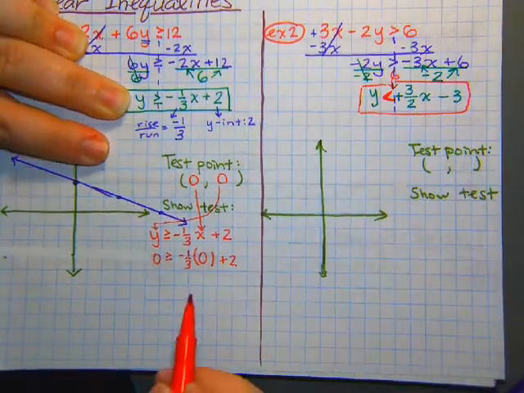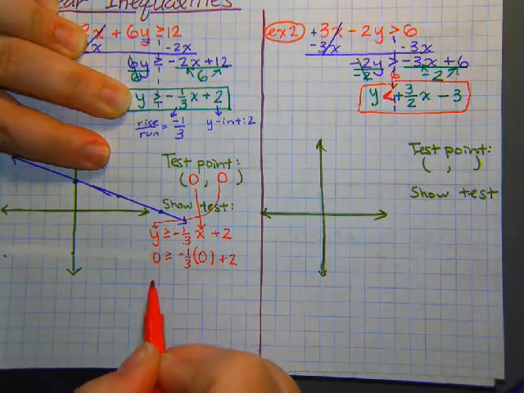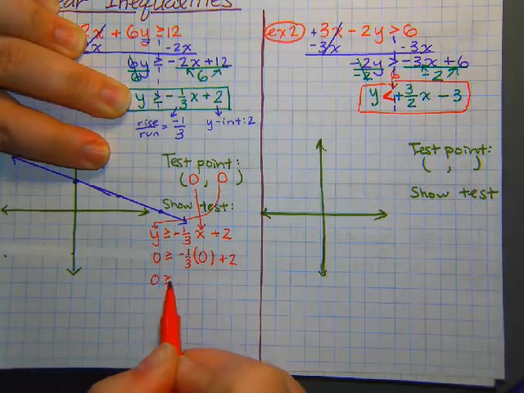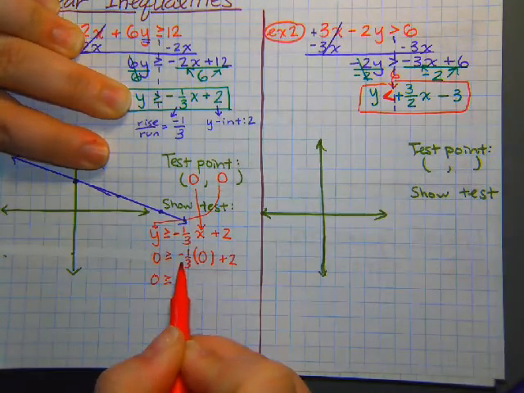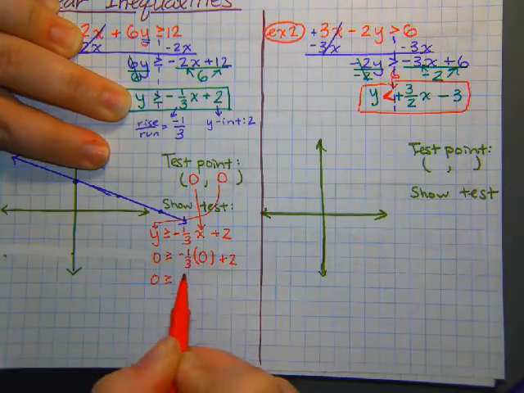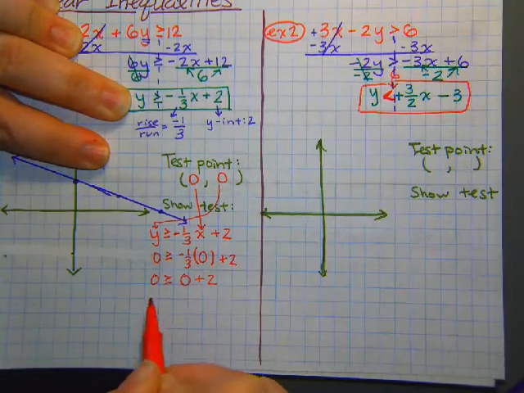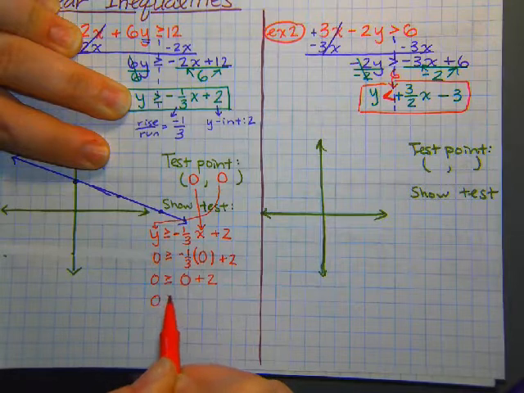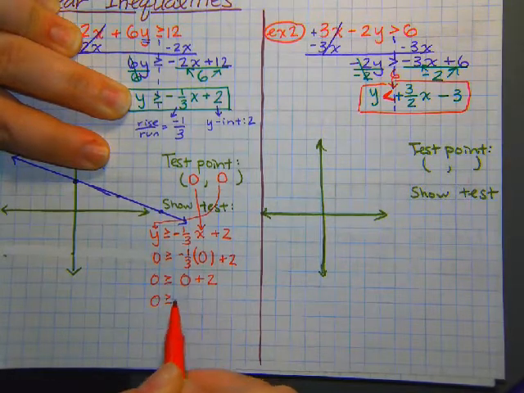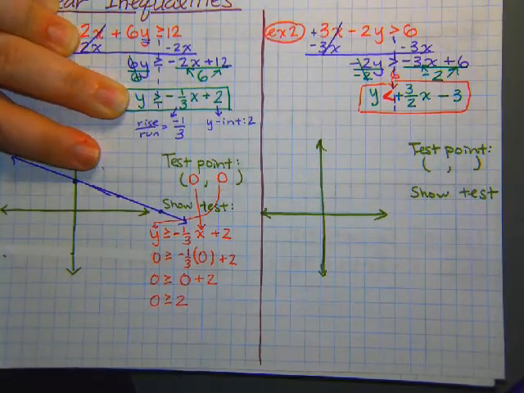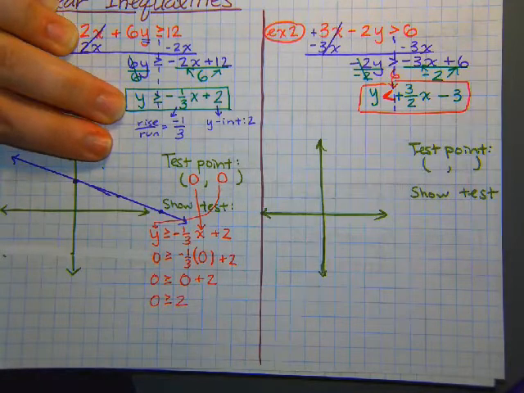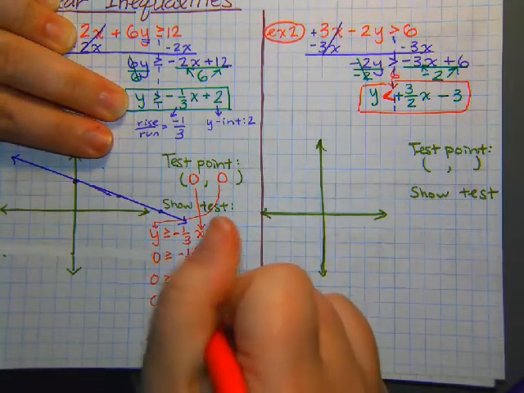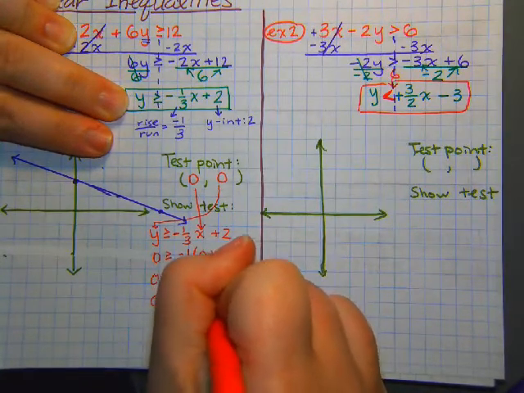Beautiful. So now, nothing to do over here. 0 is greater than or equal to negative 1/3 times 0 is 0, plus 2. And then 0 is greater than or equal to 2. So right now, I have 0 is greater than or equal to 2. Well, that's not true. That is false.